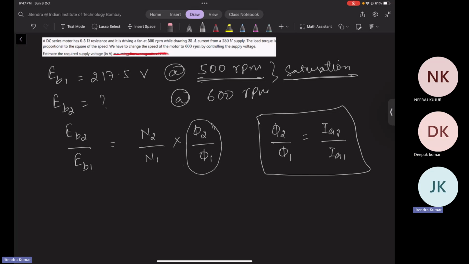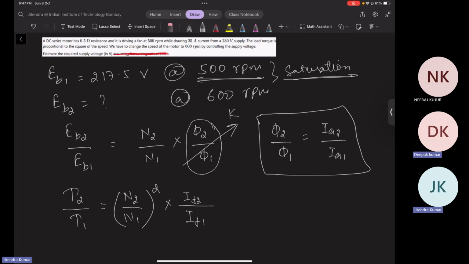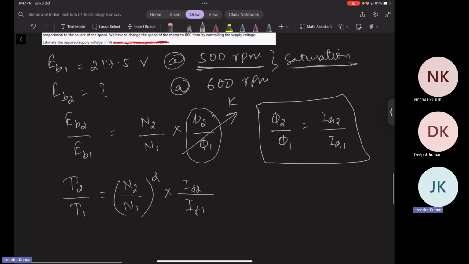So phi 2 by phi 1 will be constant. Now from the torque condition, T2 by T1 is equal to N2 by N1 square into IF2 by IF1, and IF2 by IF1 will again be removed because they are constant, as we have seen here.